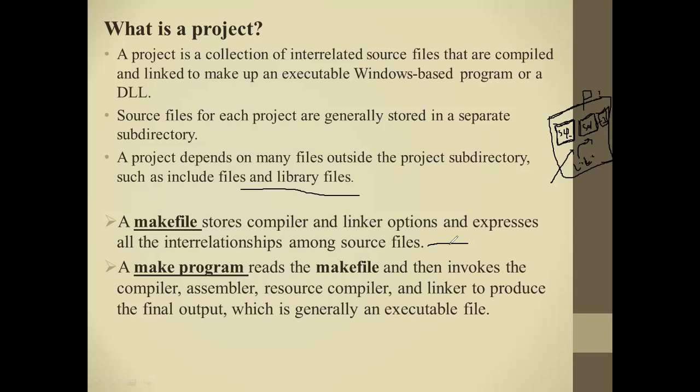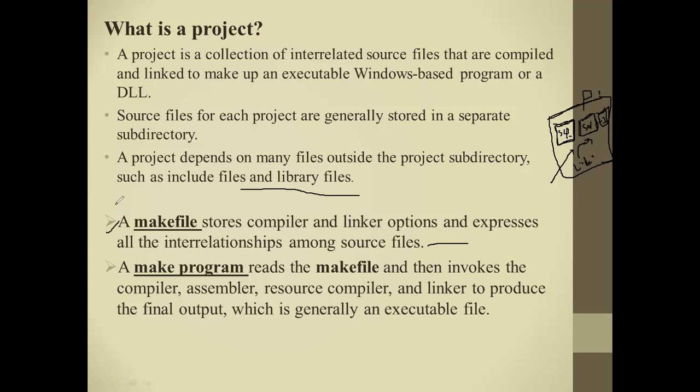Now, what is the purpose of this make file? It stores the different compiler and linker options, and it also expresses the different interrelationships between the source files which are stored in the subdirectories. That is the first point about the makefile.